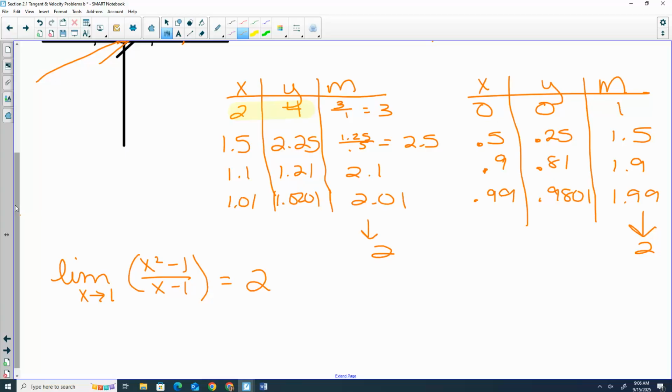Now, what did I ask you to do with this whole thing? What were we trying to find? Okay, equation of the tangent line. So now we know our point was 1, 1.